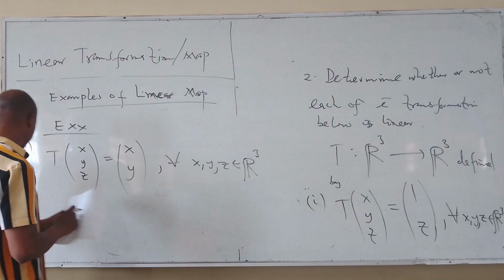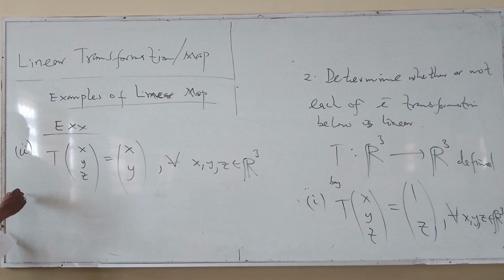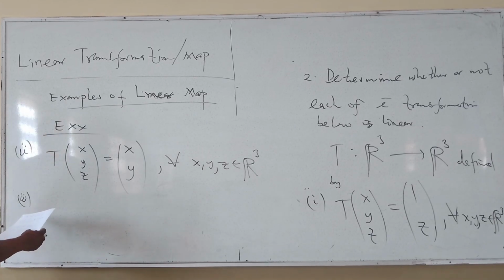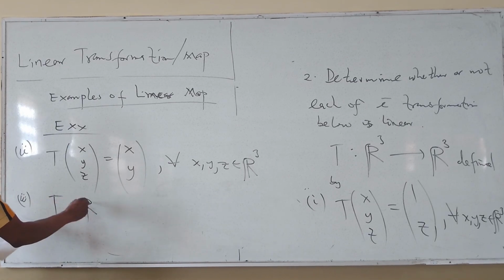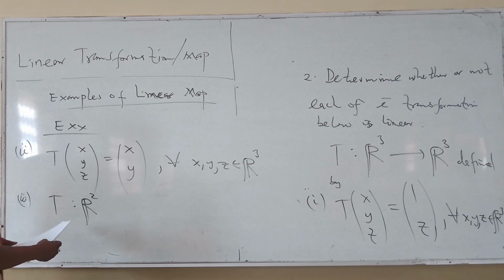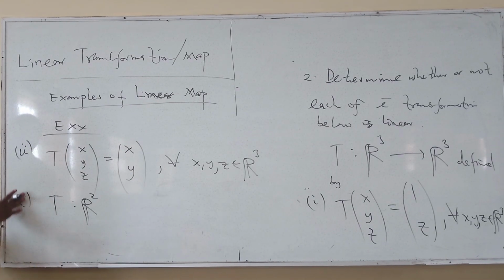We have this already. So this is 3, sorry. So let me call this one 3. Oh, that's the third one, because it's a different definition.